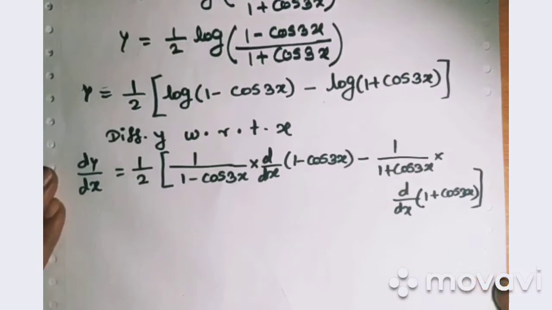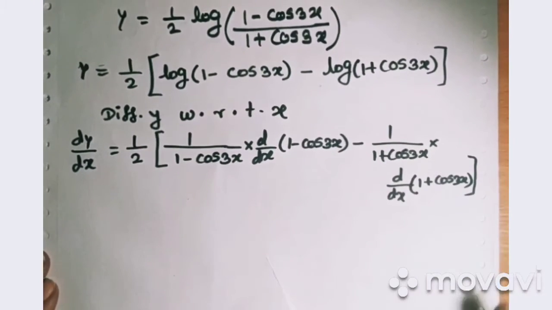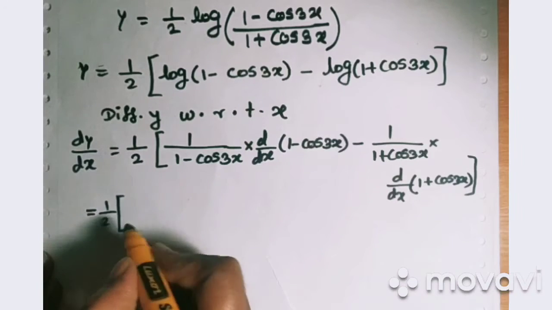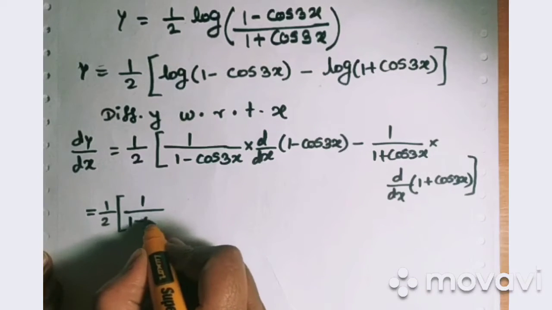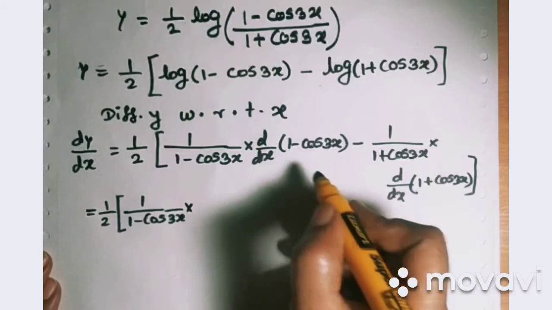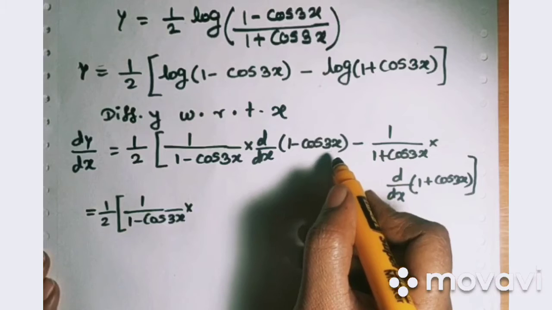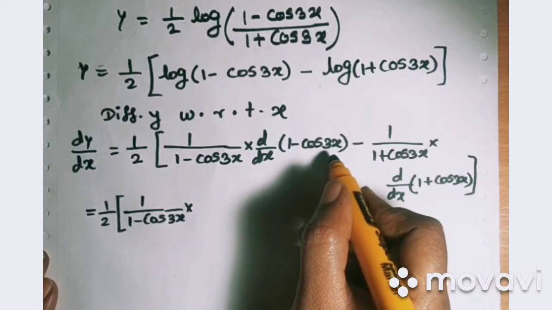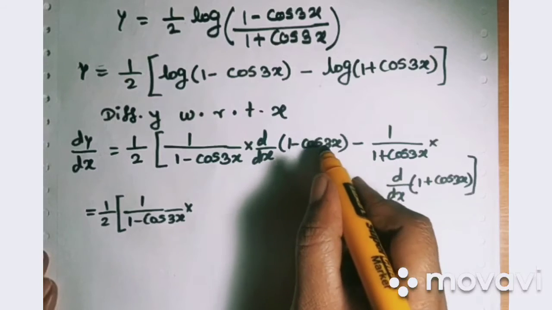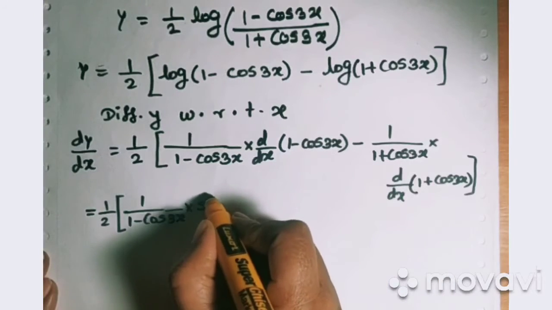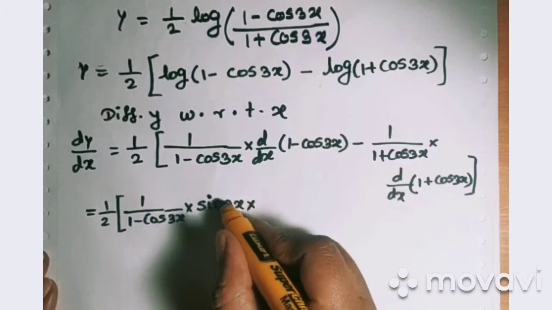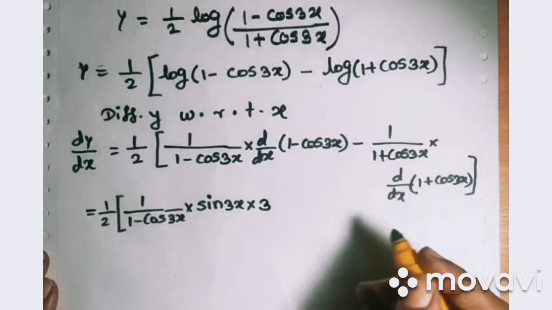Let us take the derivatives. That is equal to 1 upon 2 as it is, and 1 upon (1 minus cos 3x) as it is, into the derivative of this, which is 0 minus cos 3x. The derivative of cos 3x is minus sine 3x. This minus sign and that minus sign become plus sine 3x, again multiplied by the derivative of 3x, that is 3.